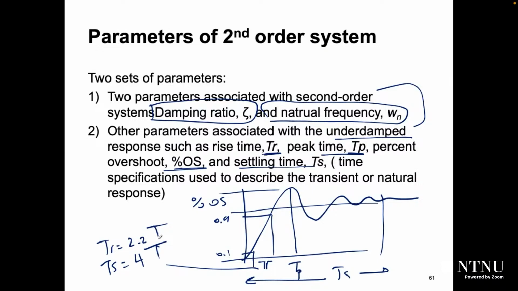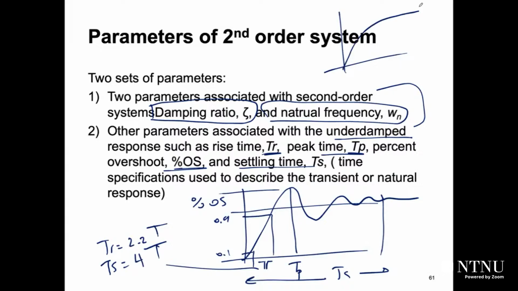So we have parameters associated with the general second order system, which are the damping ratio and natural frequency, and we also have some other parameters which are associated with the underdamped response. Because if your system is overdamped, we don't have any overshoot. If your system is overdamped, it will be like first order.